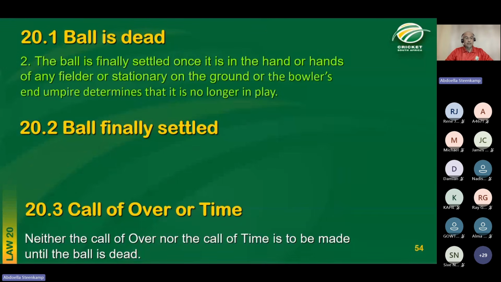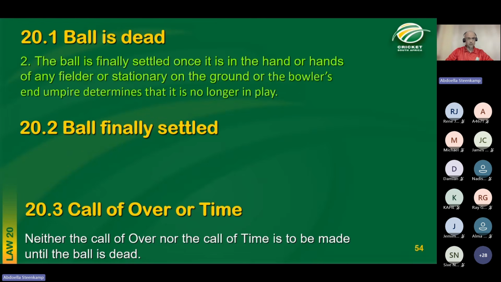I mentioned earlier, when is the ball finally settled? The ball is finally settled as soon as it's in the hand or hands of any fielder, or the ball is stationary on the ground, and the bowler's umpire feels that the ball is no longer in play.